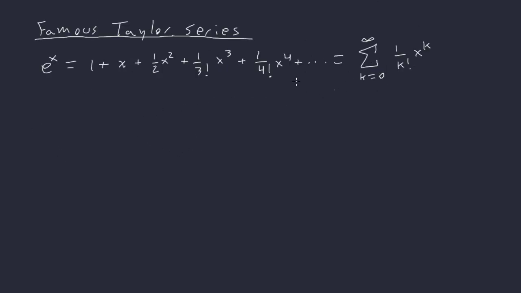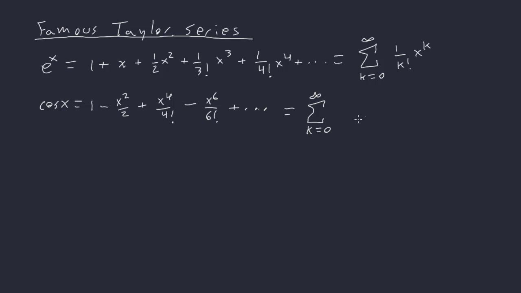All right, then I'm going to give myself a little more room here, actually. Okay, so I shifted some things over, and cosine of x was all of the even terms of this, but alternating. So it was 1 minus x squared over 2 plus x to the 4th over 4 factorial minus x to the 6 over 6 factorial, etc. So how do we write that in series notation?